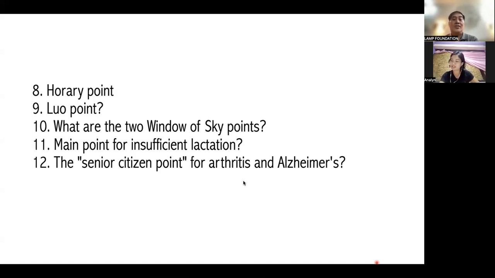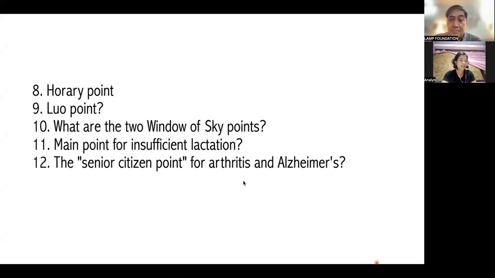Yes. Very good. So, ano po ang sagot niyo? Yung dalawang window of sky points ng SI. Yung SI16 po and 17. Can you tell us a little more about these points? Pareho po silang nagdi-dispel ng wind and heat.